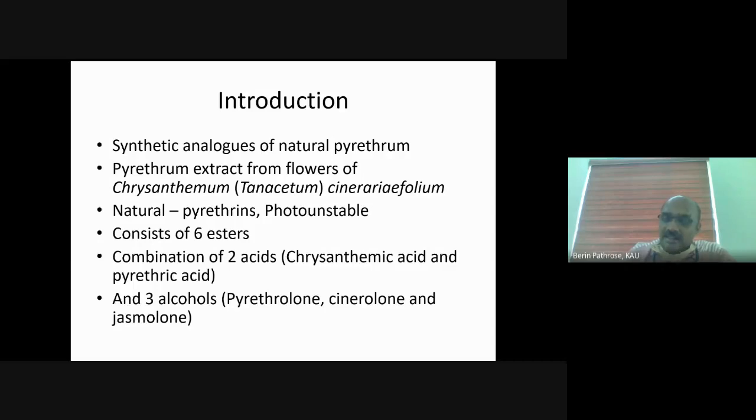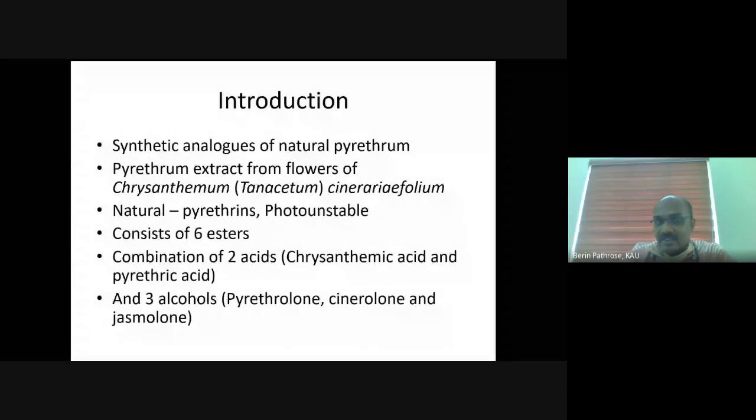And as these natural molecules were photo unstable, scientists started working to develop a product which is stable in the environment, and they succeeded in developing photostable molecules. Those molecules which are synthetic are called pyrethroids.